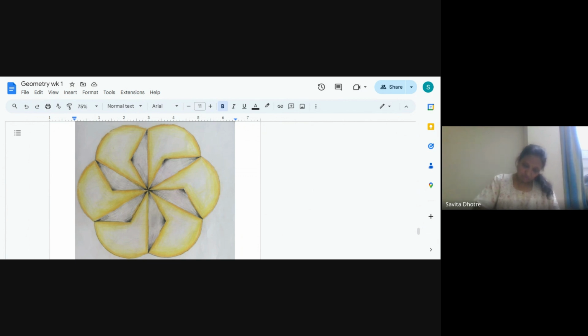once you get what you want, and once you've erased what is not needed, then they can choose how they want to color it.